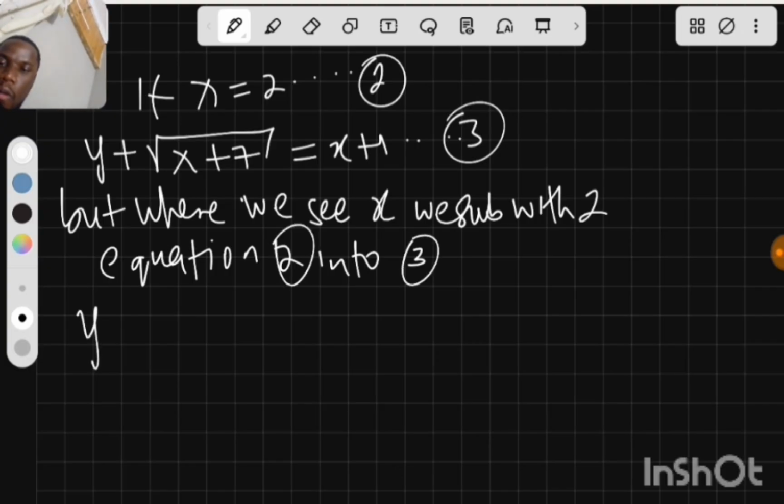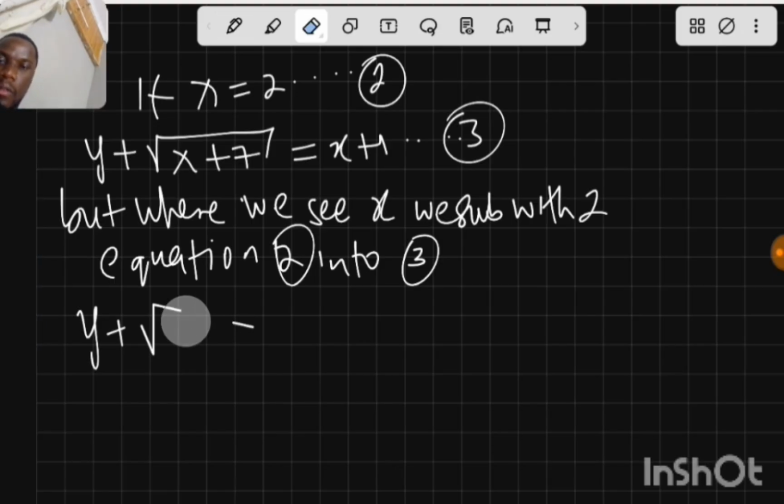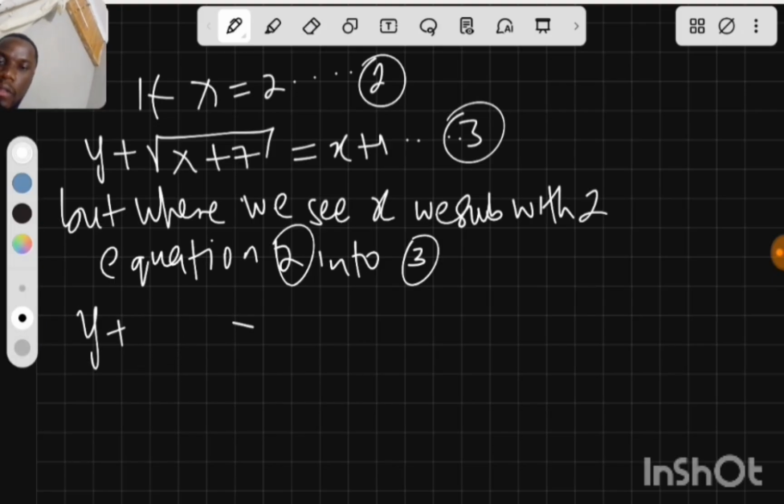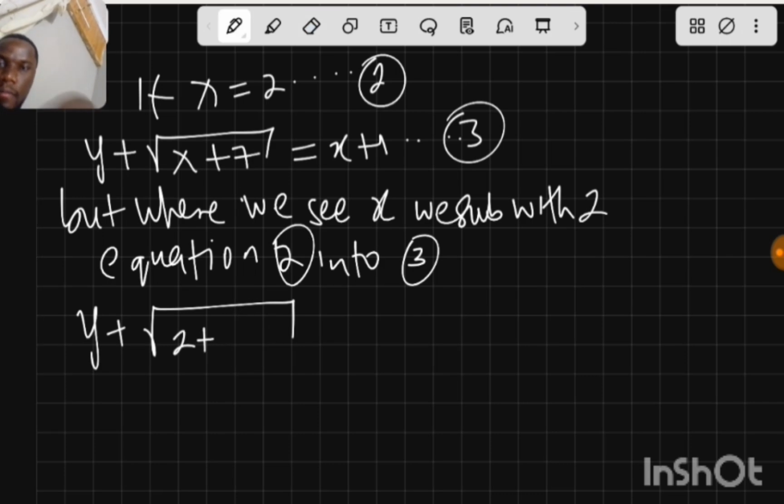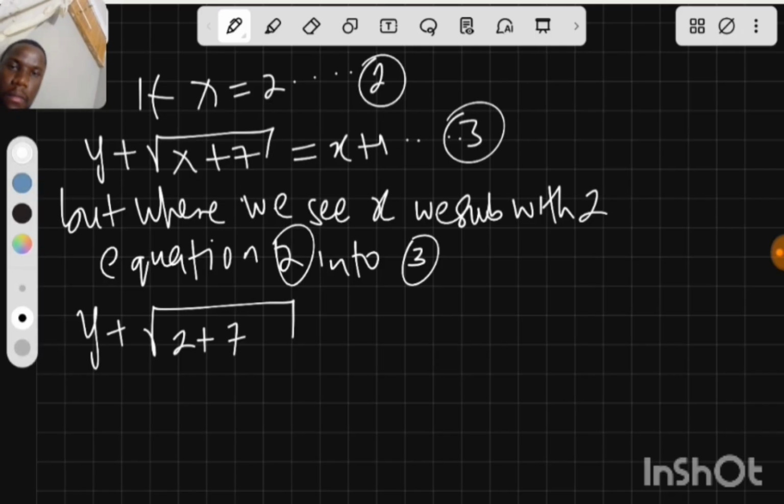I'm going to have y plus the square root of 2 plus 7, which is equal to 2 plus 1.